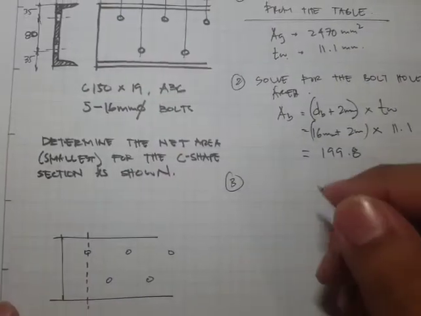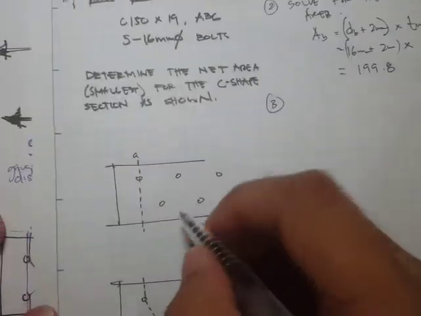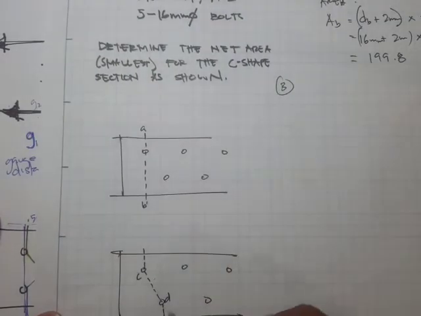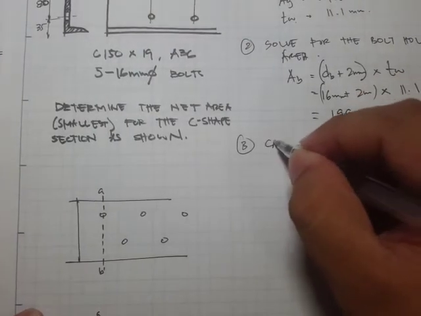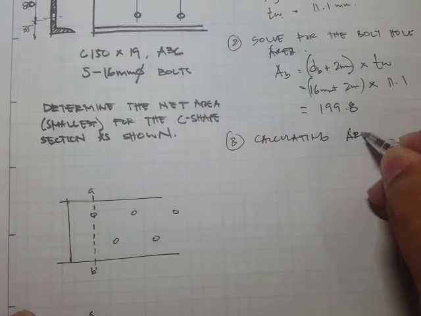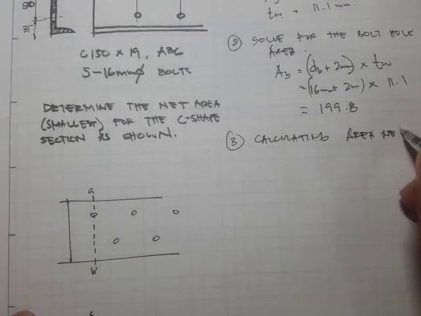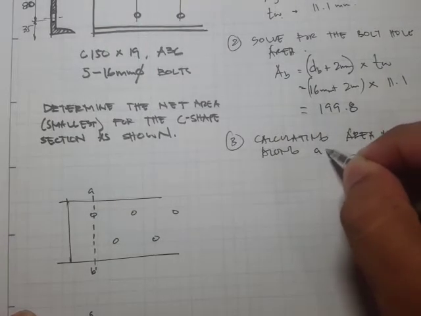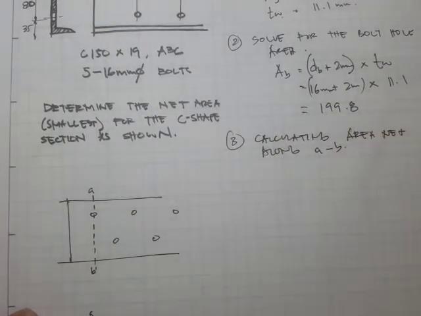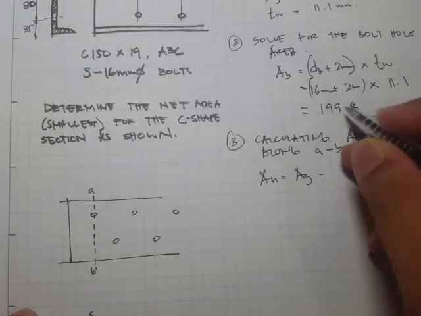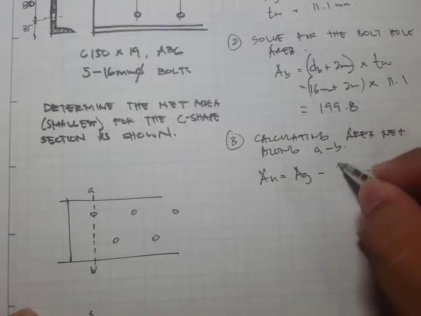Okay, so let's say this is failure A, B, and then this one would be C, D, E. First, calculating the net area along A, B. Our net area is simply the gross area minus the bolt hole area.